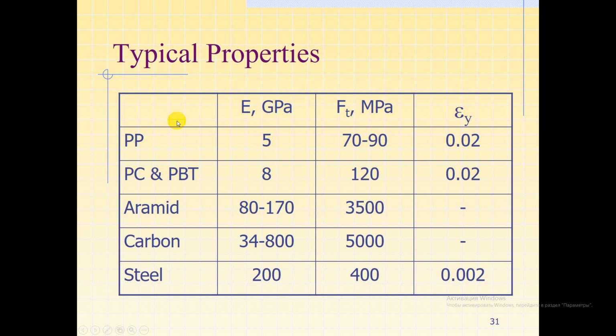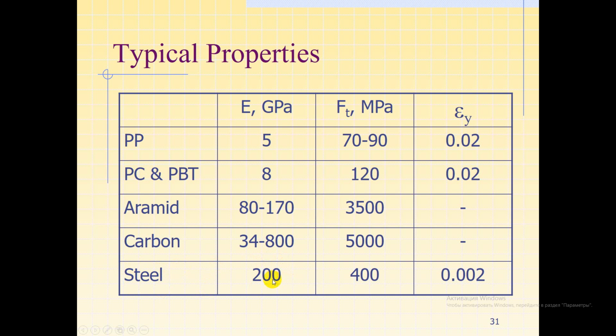Typical properties of fibers. For aramid, carbon, and steel, you can see that carbon and aramid have modulus 5 times higher than steel.